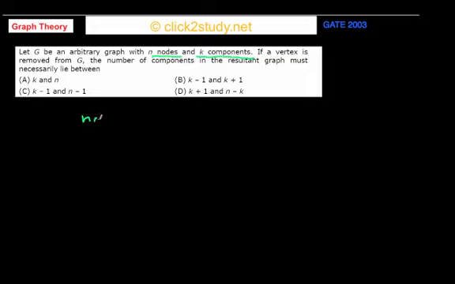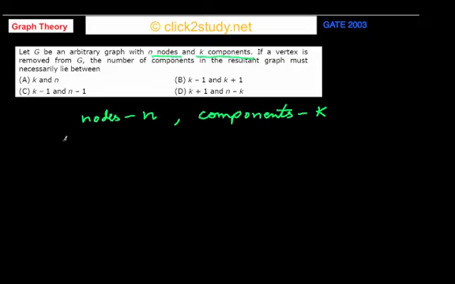So what we know is that there are n nodes, and the components in the graph are k. That is what we know, n nodes and k components, and then we are removing one node from the graph.